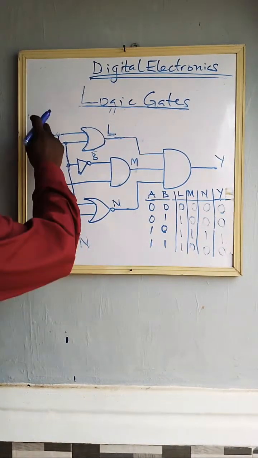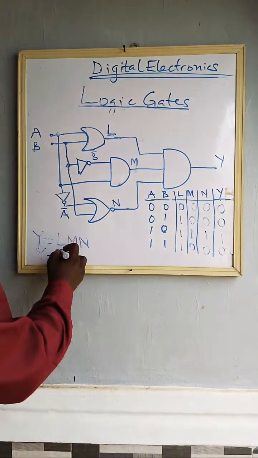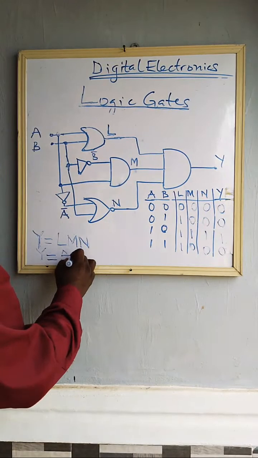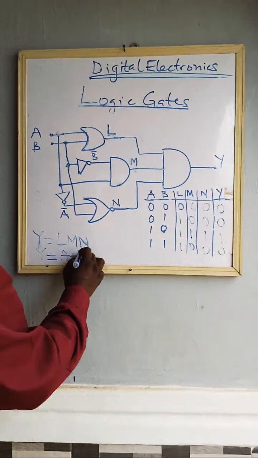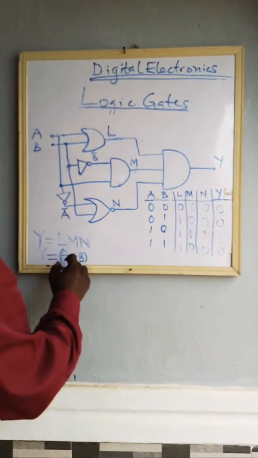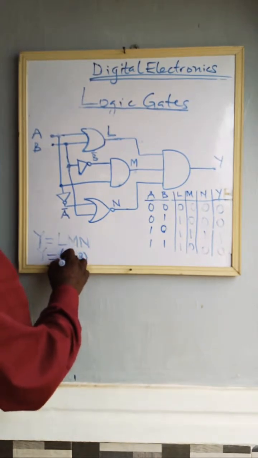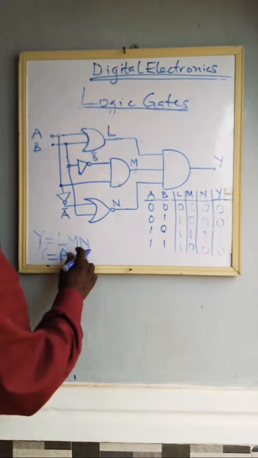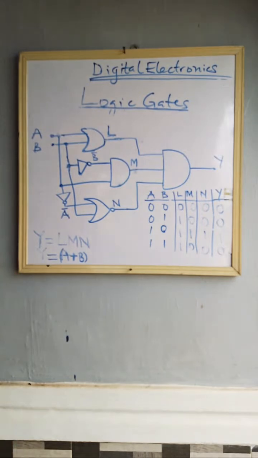L itself is A plus B. I want to mention that the symbol for the OR gate is plus, but that plus is not arithmetic addition. It is a logic addition. That is the symbol for the OR gate.